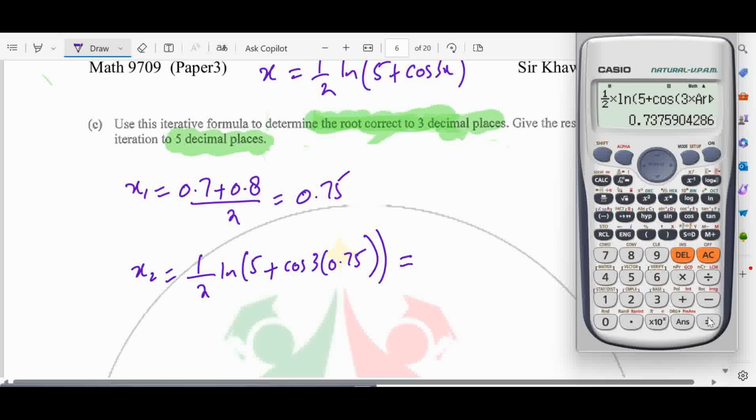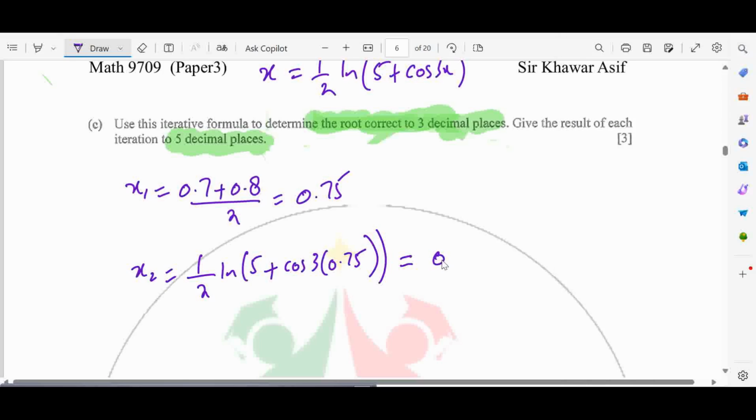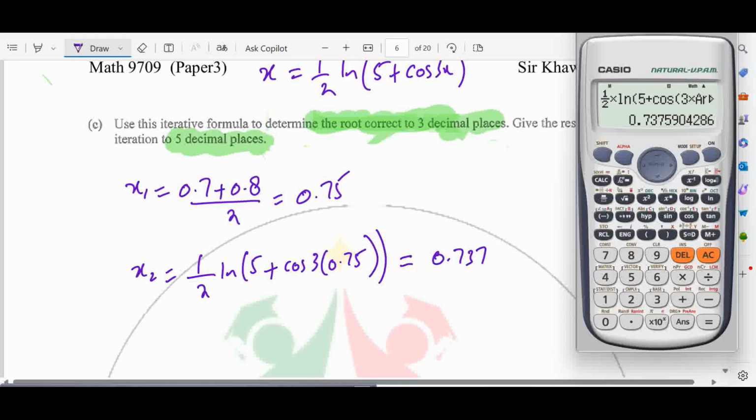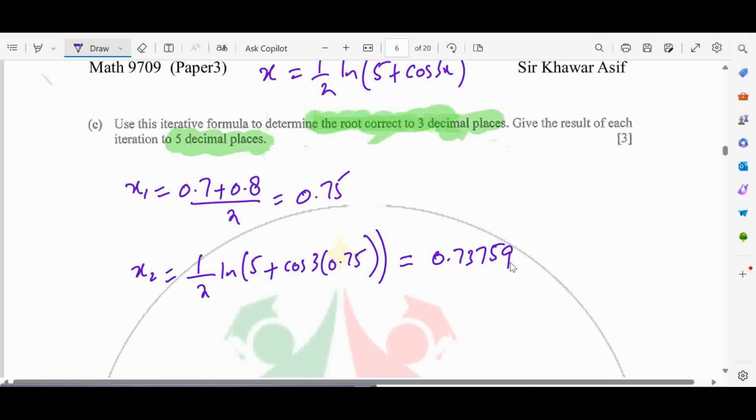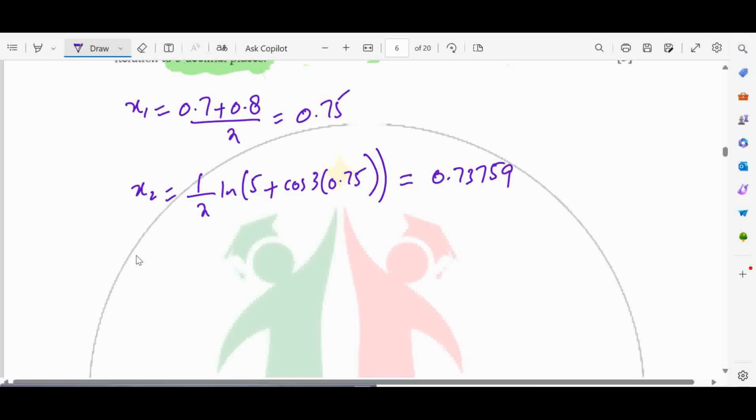So this will be equal to 0.73759. We need to correct it to 5 decimal places.